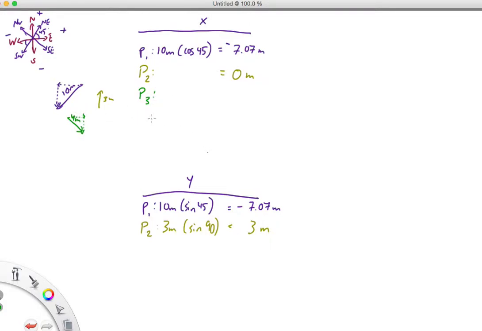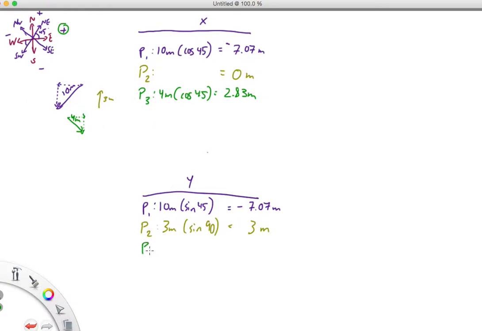Since this is 45 degrees, the x component is 4 meters times cos 45, which is 2.83 meters. And it's positive because we're going to the right. If we were going to the left, it would be negative.